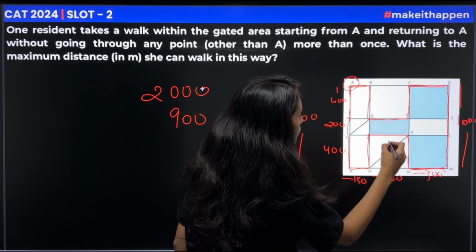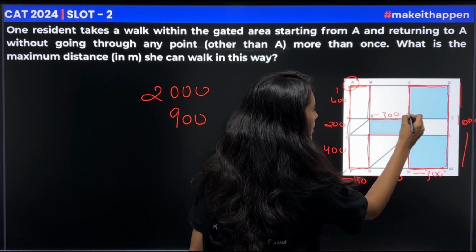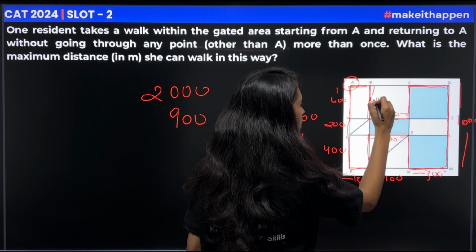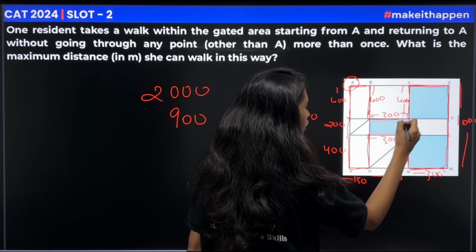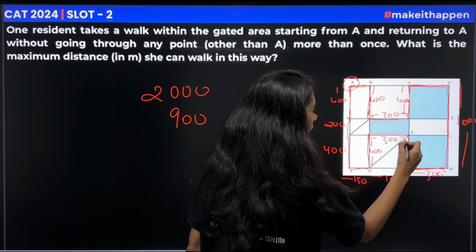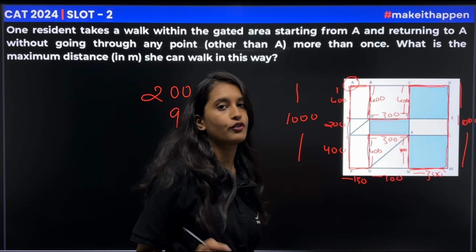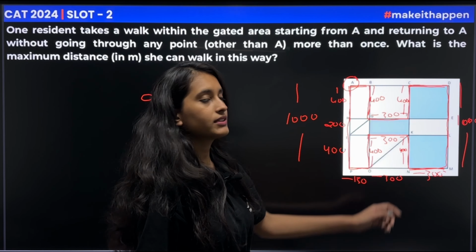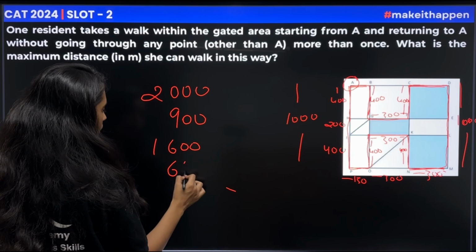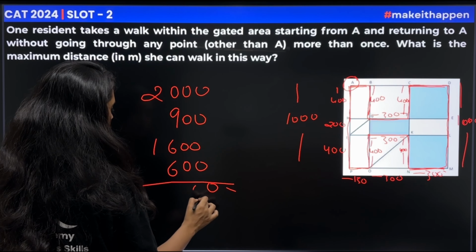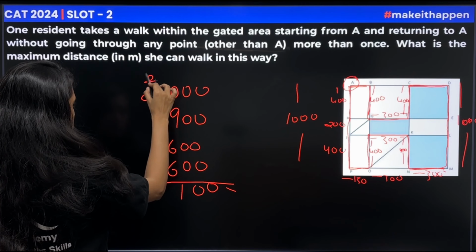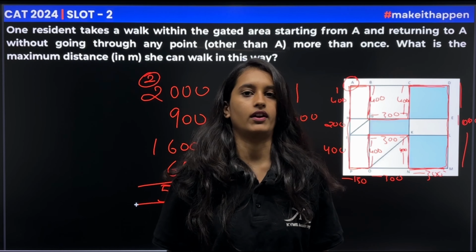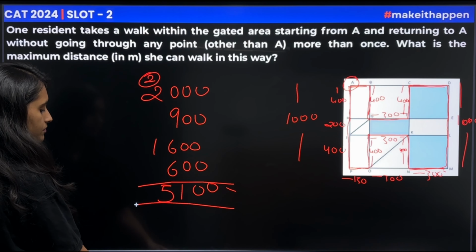Now 300 traveled this and 300 over here, and 400 here, 400 here, 400 here, and 400 here. So 400 four times, 1600, and 300 plus 300, 600. The answer comes out to be 5100. Now let's move on to the next question.